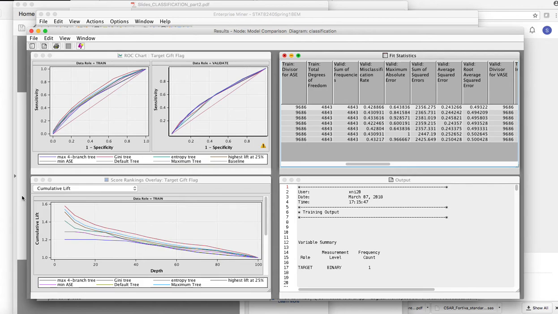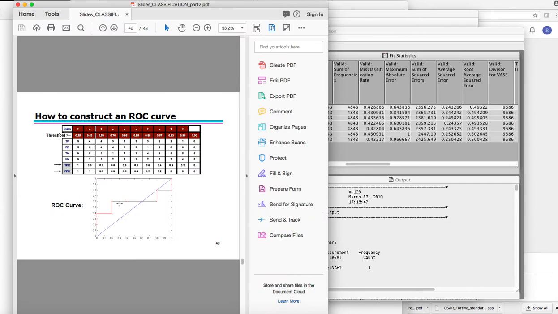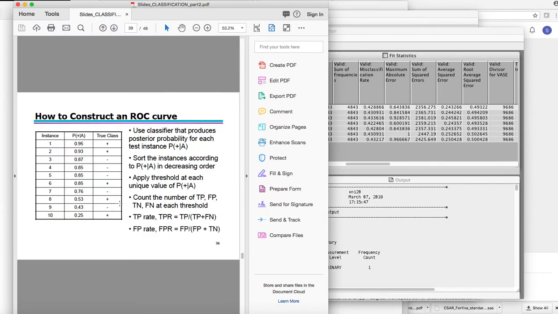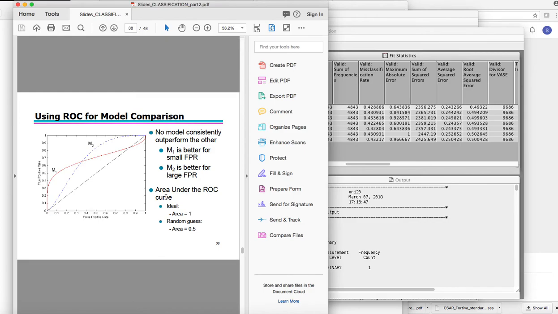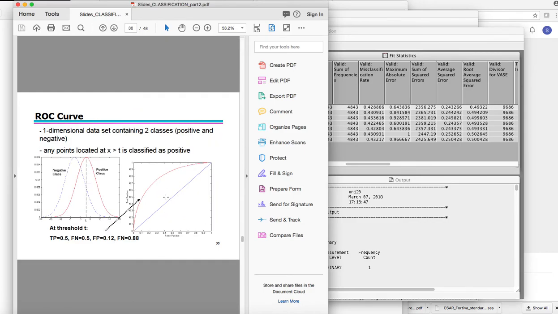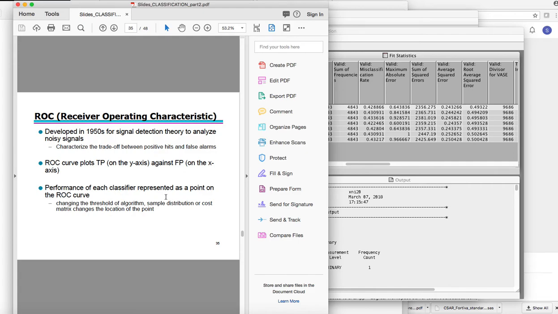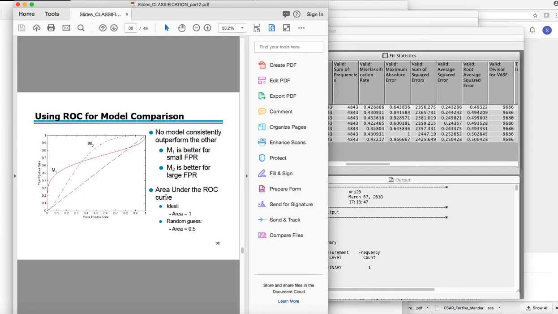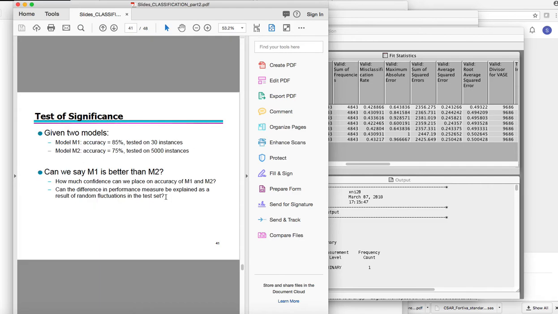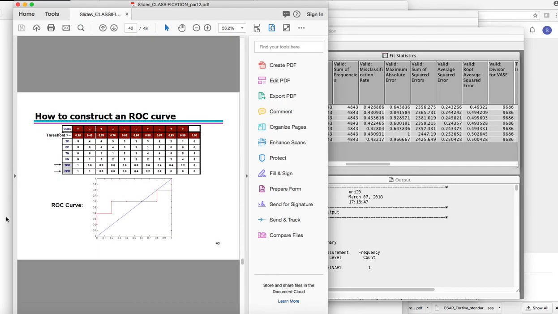Again, if you are interested in the details about how this curve is generated, go to my slides from page 35 to 40, which tell you the algorithm.